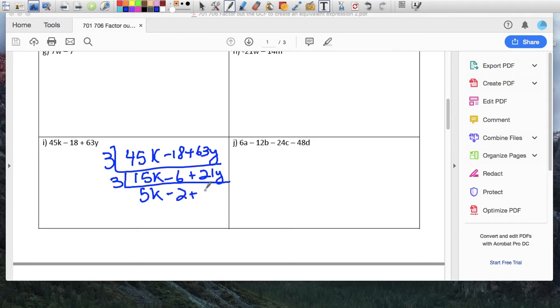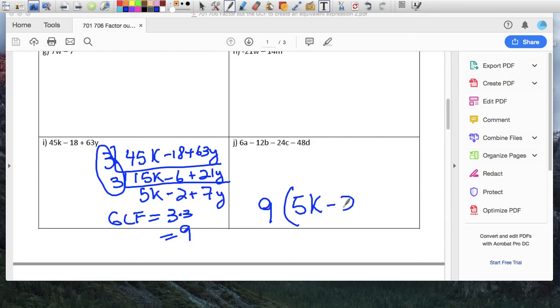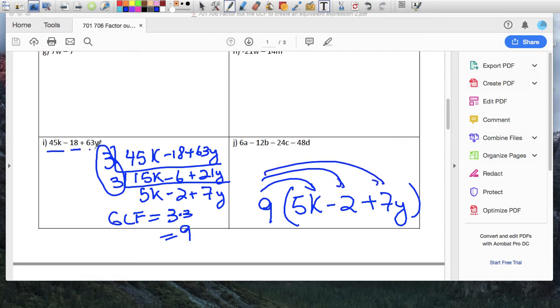And 3 goes into 21 7 times. Can I continue? Nope. So I'm finished. So the GCF is going to be 3 times 3, which is 9. So my answer is going to be 9, parentheses, 5k minus 2 plus 7y. And you can again multiply this, and you get 45, 18, 63.